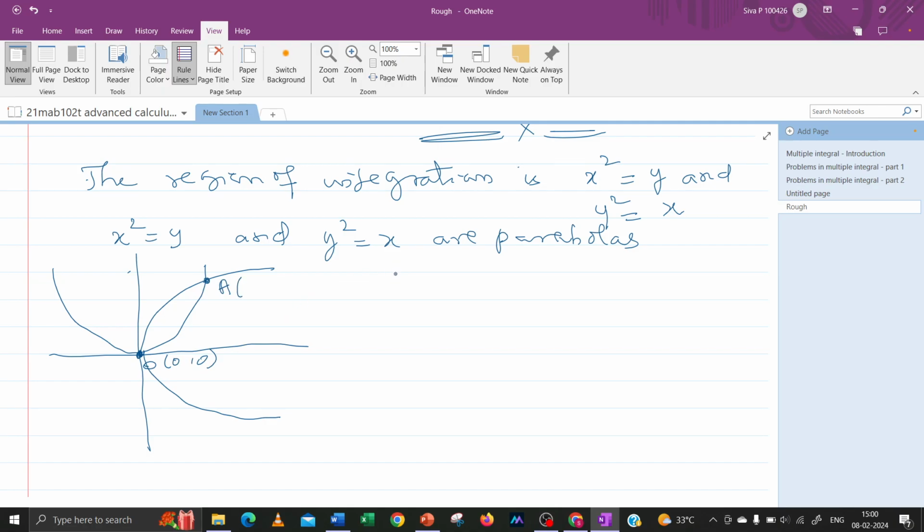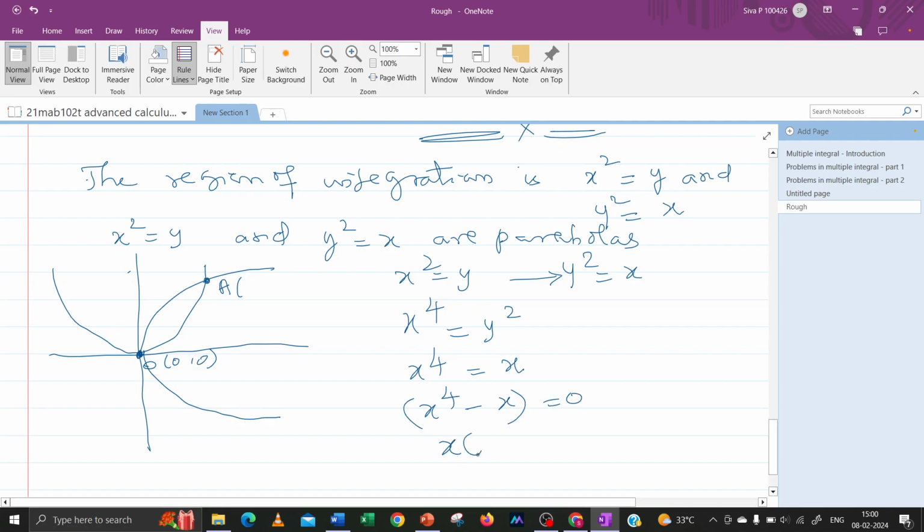Here given that x square equal to y and y square equal to x. Is it not? Y square equal to x. Squaring on both sides, x power 4 equal to y square. Substitute the y square value here: x power 4 equal to y square equal to what? x. Substitute here. So x power 4 minus x equal to 0.